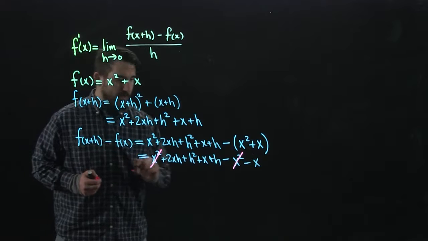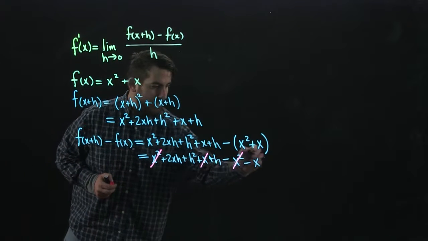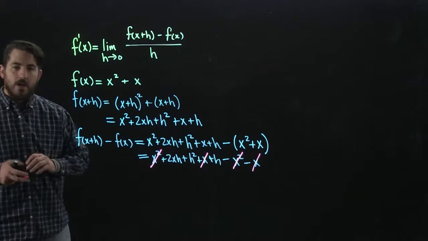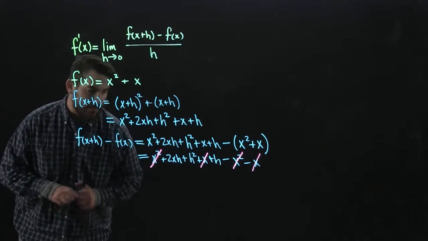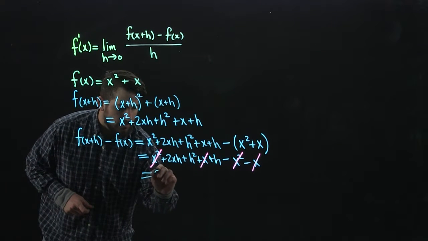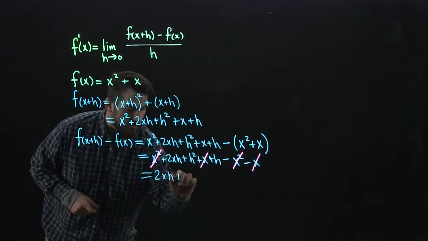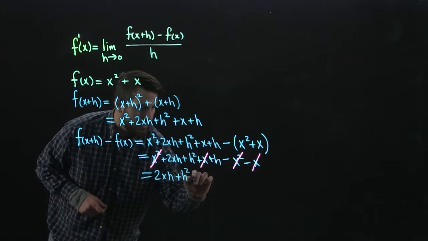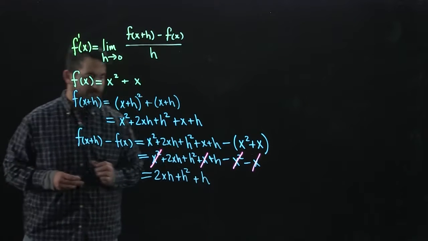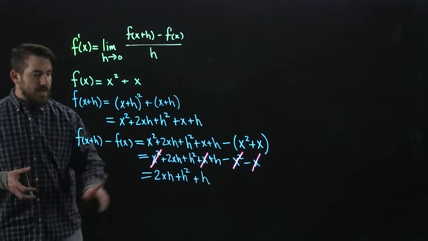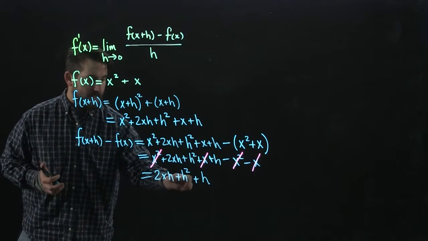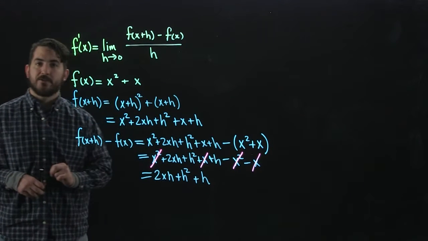We should also notice that the x's cancel out. And so we are left with 2xh plus h squared plus h. That's what we have.